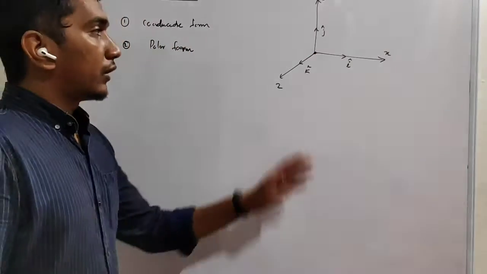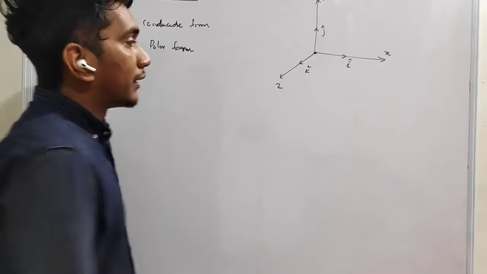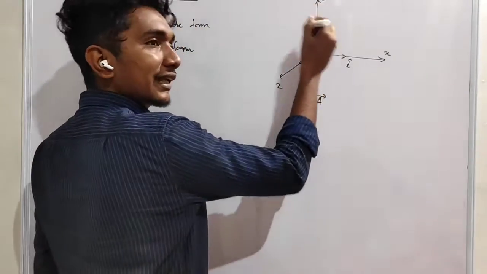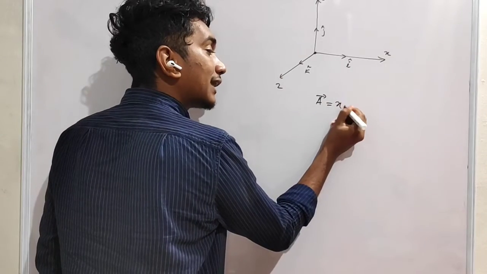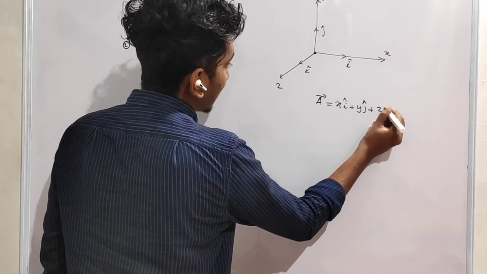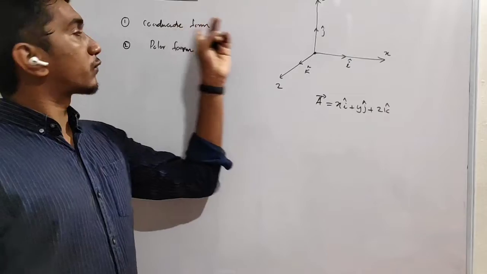In the coordinate form, suppose the vector A is in space somewhere here. So A, I can write as x i cap plus y j cap plus z k cap. So this is the vector format in the case of coordinate form.